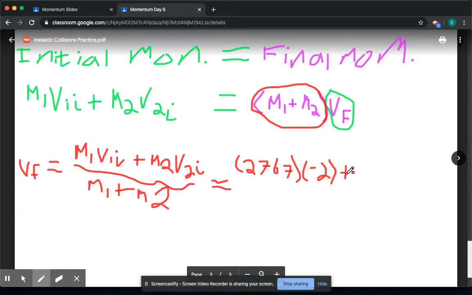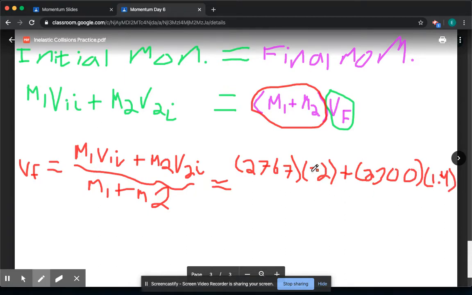Plus the second mass is going to be 2300. And I believe the velocity was 1.4. And that's a positive 1.4 because this is going to the right.